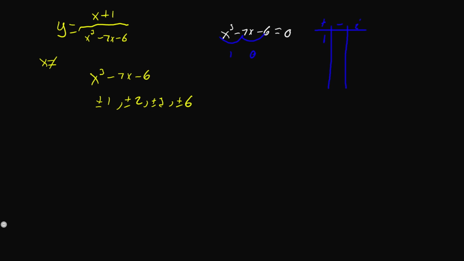Minus an imaginary. And to find the negative solutions, we're just going to set f of x equal to f of negative x, giving us negative x cubed plus 7x minus 6. We're going to look at the sign changes, where we have one sign change and another sign change. So we have two sign changes in total.